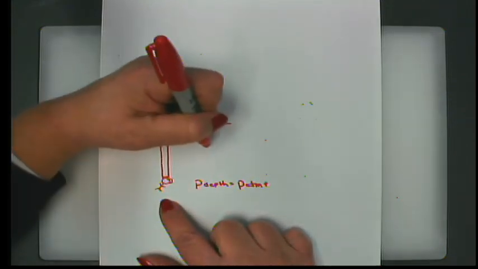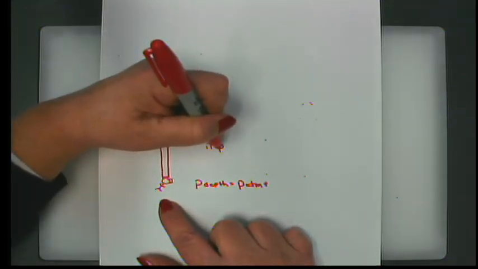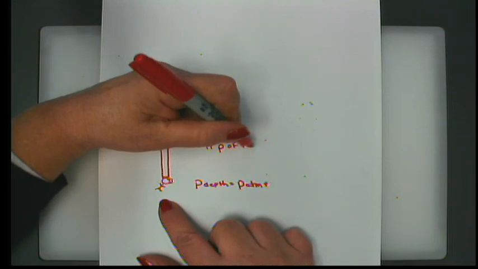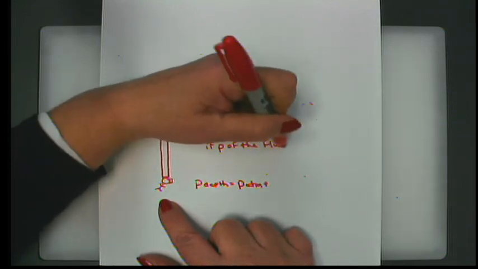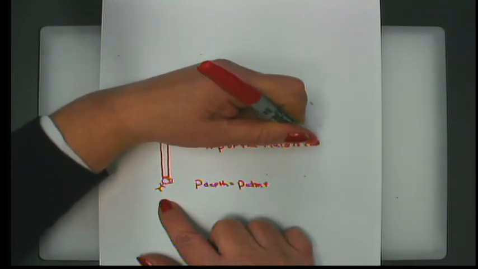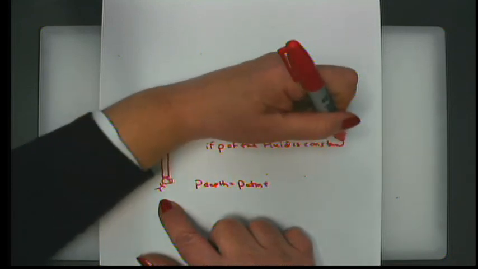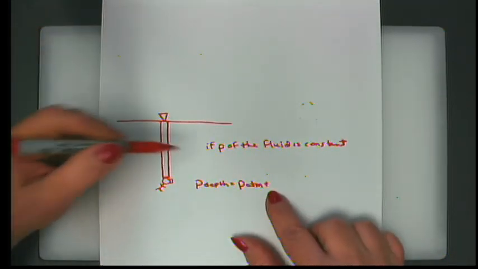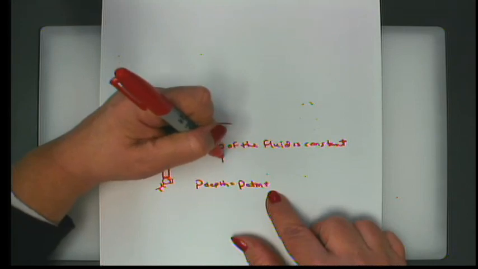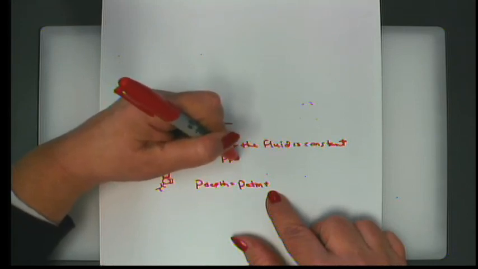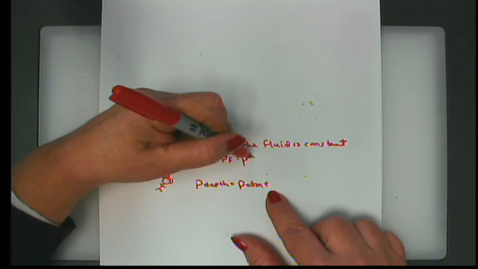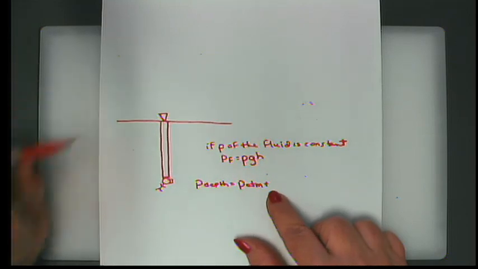Now, if the density of the fluid is constant, which it's not always, but for water for the most part the density is constant, then the pressure due to the fluid column is equal to that density times gravity times the height of the fluid column.